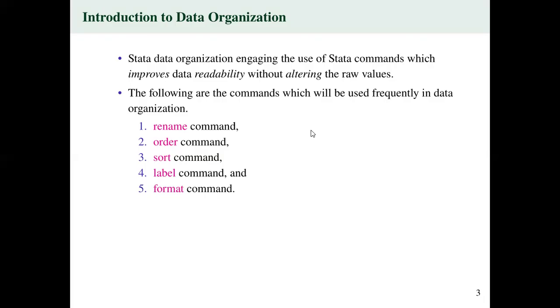Also, we are going to see the order command. This will help us to change the position of the columns or the variables. You can move a variable to the starting position, to the ending position, or to the middle, before or after another column.